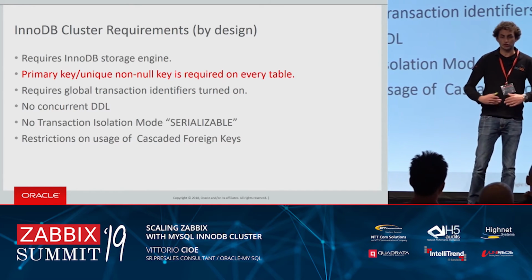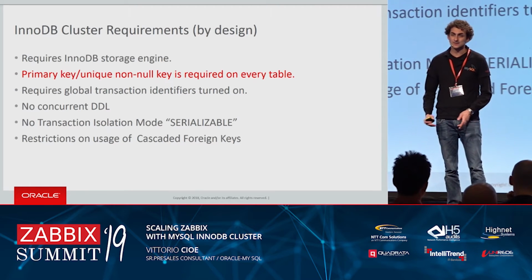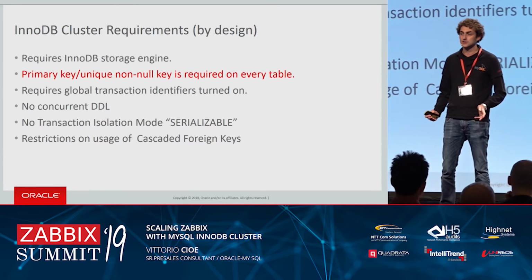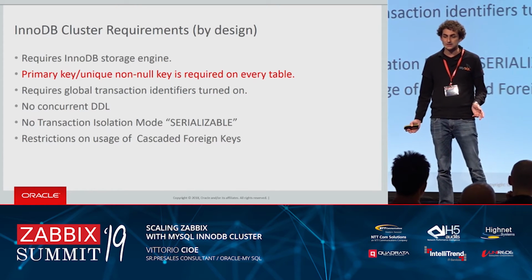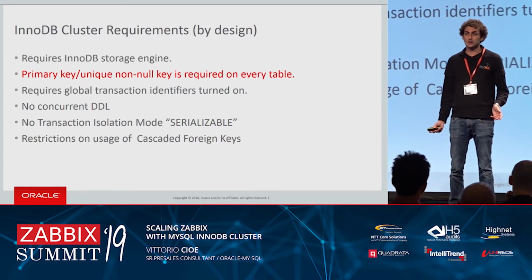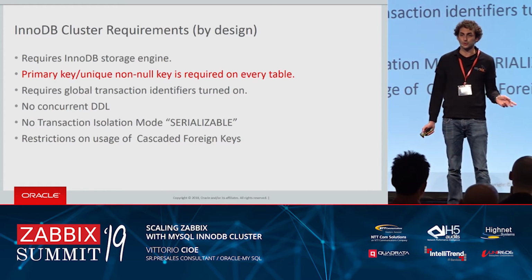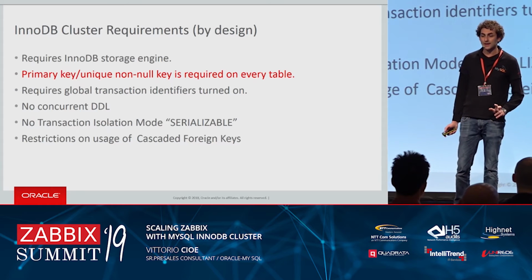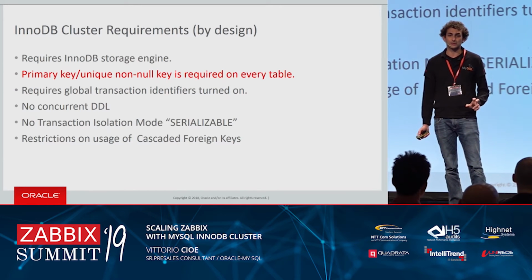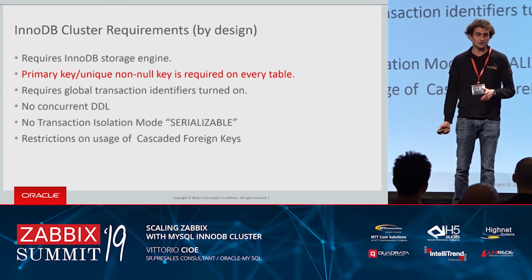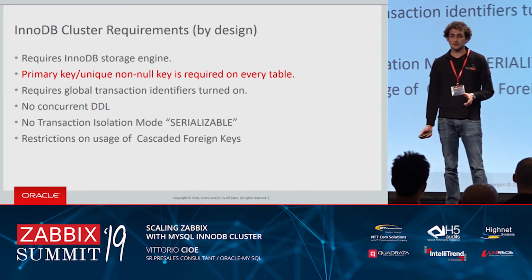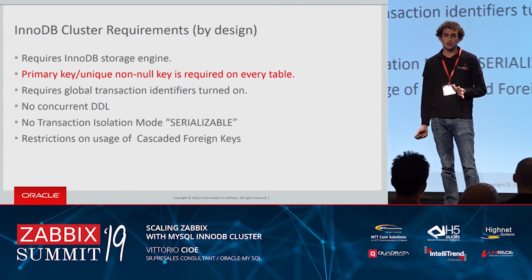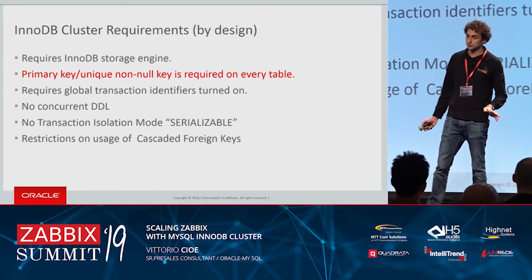It requires GTID to be turned on. It does not support concurrent DDL statements. It does not support transaction isolation mode serializable. And it does not support cascaded foreign keys, but I have checked with the Zabbix team. Those are things which the Zabbix database does not use, so we're safe.